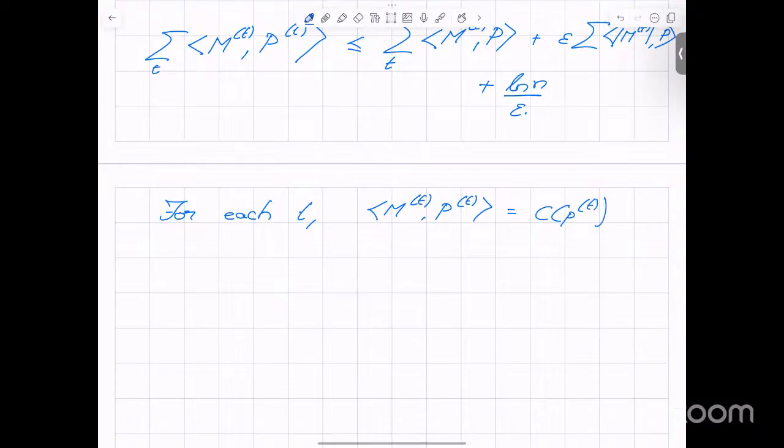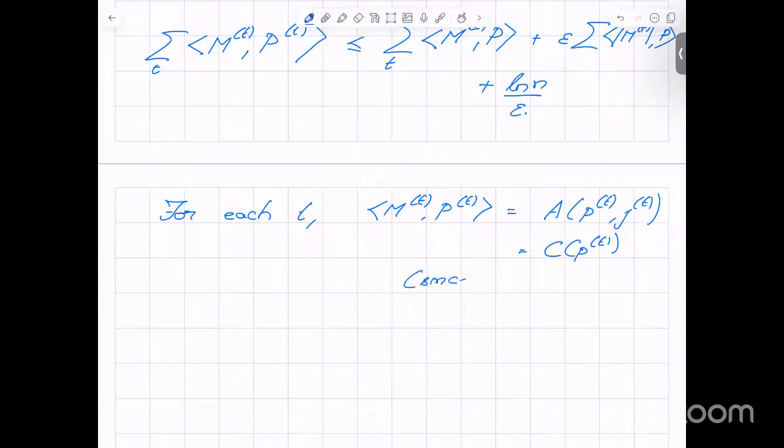You are with me on this? It is the expected value, in fact this is A_{P_t J_t}, which is C(P_t), since J_t is the best column response to P_t.